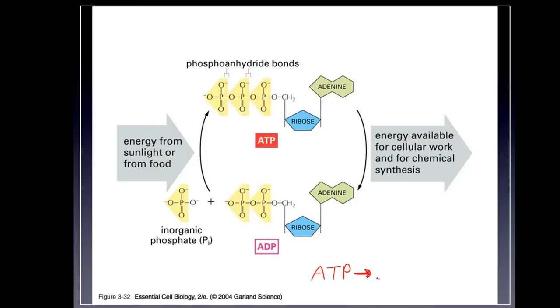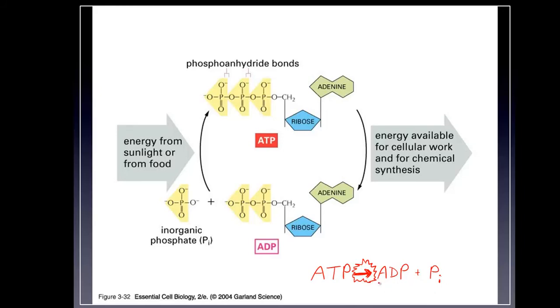The ATP gets broken down into ADP, which is adenosine diphosphate, and an inorganic phosphate. So basically one of the phosphates breaks off, so it goes from being triphosphate to diphosphate, and here's the inorganic phosphate all by itself. And sometimes in textbooks they put what looks like an explosion around the arrow here to make it look like the energy comes from this molecule breaking apart.